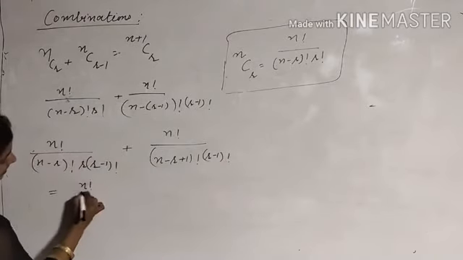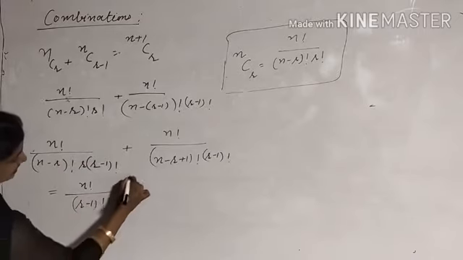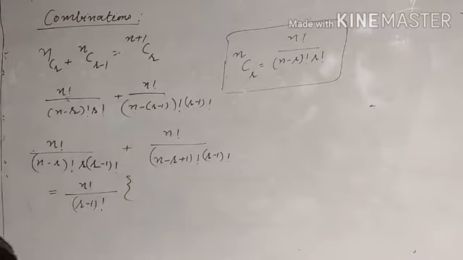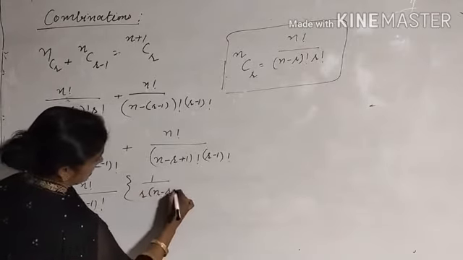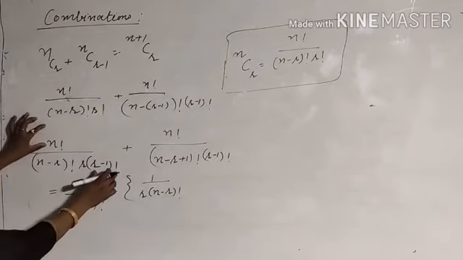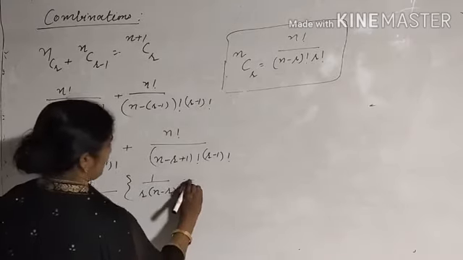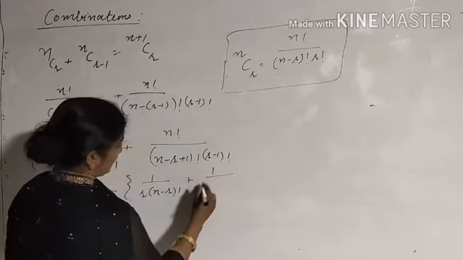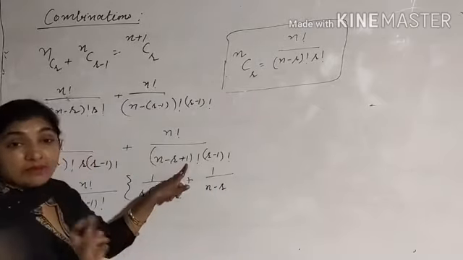So we take the common n factorial upon (r minus 1) factorial. Inside we have 1 upon r times (n minus r) factorial. Right? This we have taken common. This is common, r into (n minus r) factorial, plus 1 upon, this is n minus r plus 1.